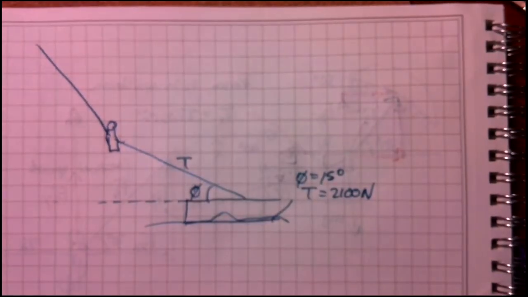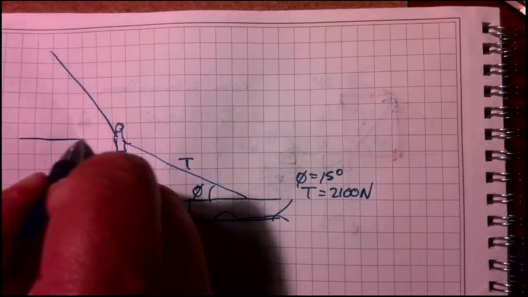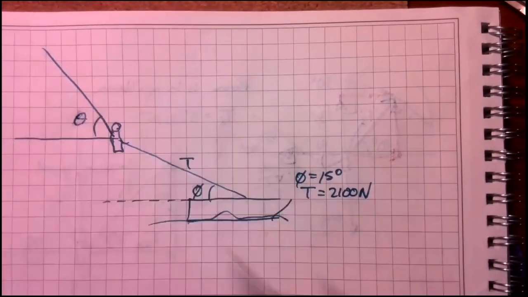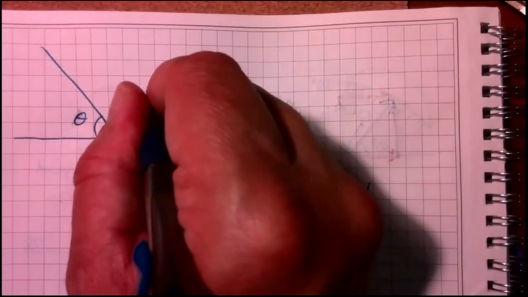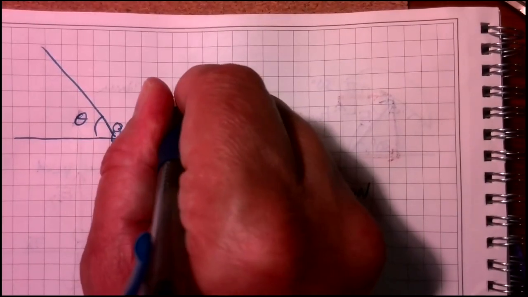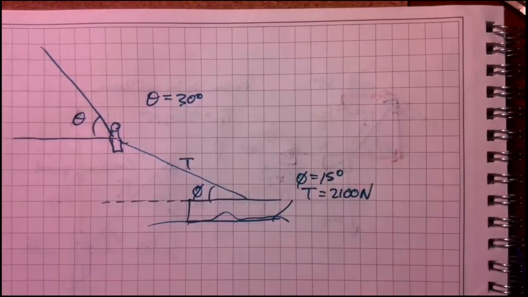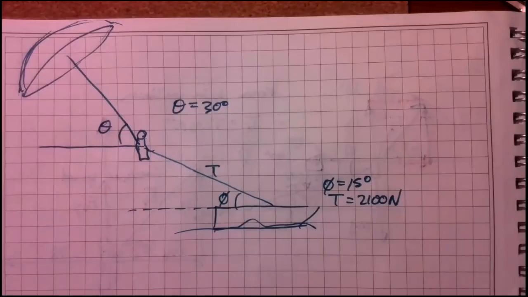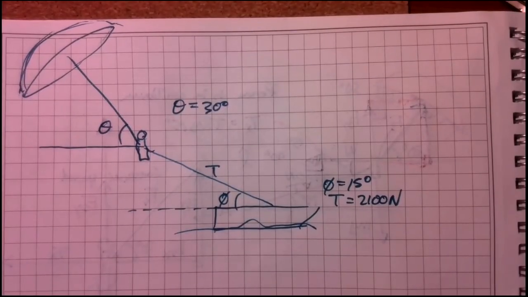So here's his thing, and we'll draw this as angle theta here. Okay, and we'll say that angle theta is 30 degrees. Okay, and so his sail, his big parachute is over here like this. Okay, so here's his sail. All right, so this is everything that's going on in the problem. Okay, this is what the problem gives us.